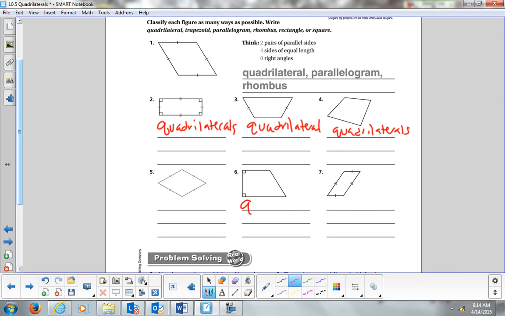Okay, this is a quadrilateral and a trapezoid. Does it fit any other descriptions? No, it does not.